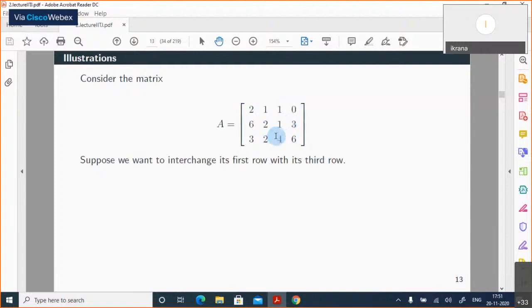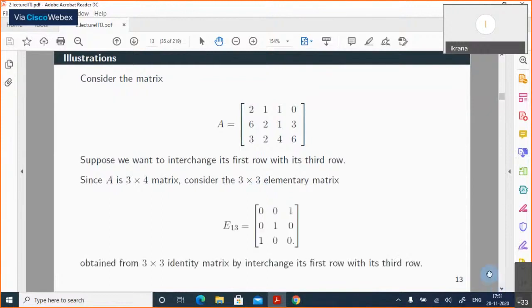I want the computer to do it. Okay. So I will ask the computer to look at the elementary matrix E first and third, E13. So that matrix will be the identity matrix with the last row replaced by the first one. And pre-multiply A with that. So E13 is the matrix.